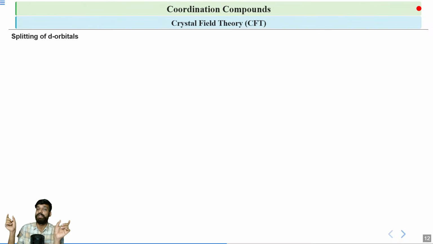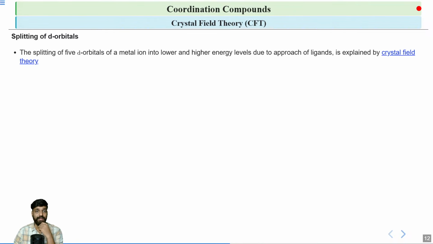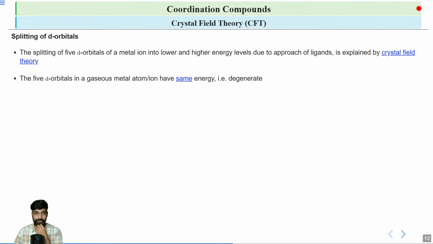But as soon as the ligands approach the d orbitals of the metal ion, the d orbitals are split. This splitting is based upon the nature of the ligand, and we will study that. So the splitting of d orbitals is simply the splitting of the five d orbitals into two sets. I am talking here about tetrahedral and octahedral only, due to the approach of the ligand, and this is known as the crystal field theory.